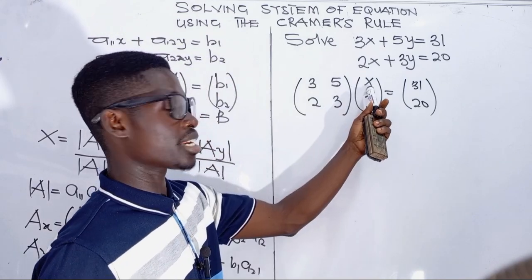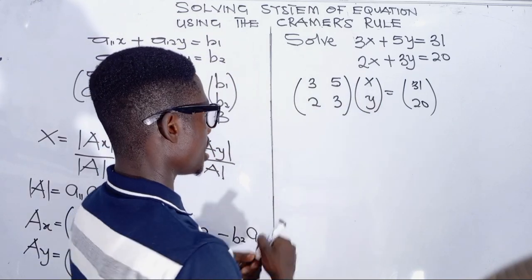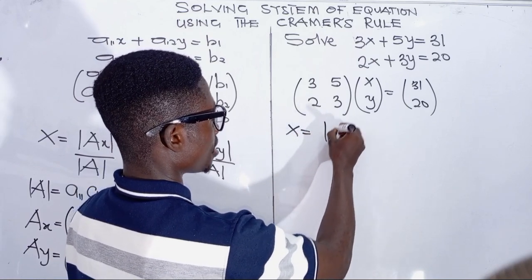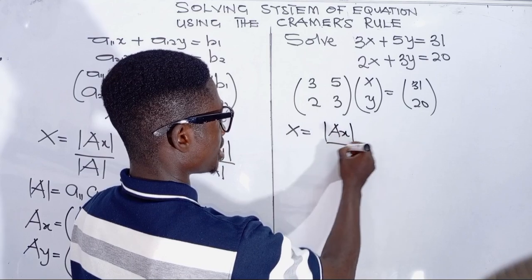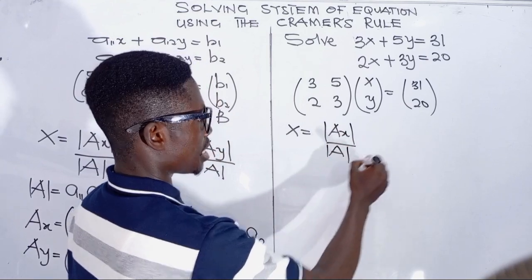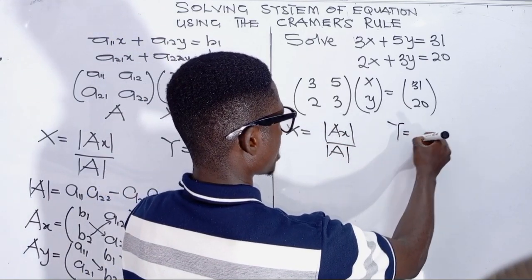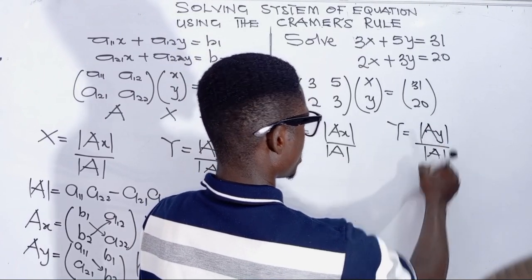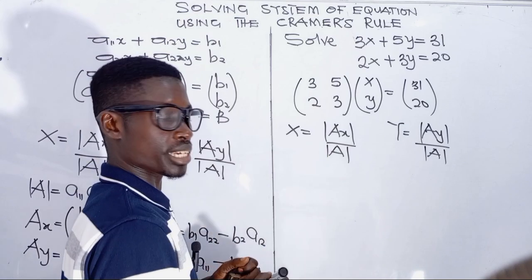We are interested in finding the variables x and y, and we know that x is given as the determinant of Ax over the determinant of A, and y is given as the determinant of Ay over the determinant of A.